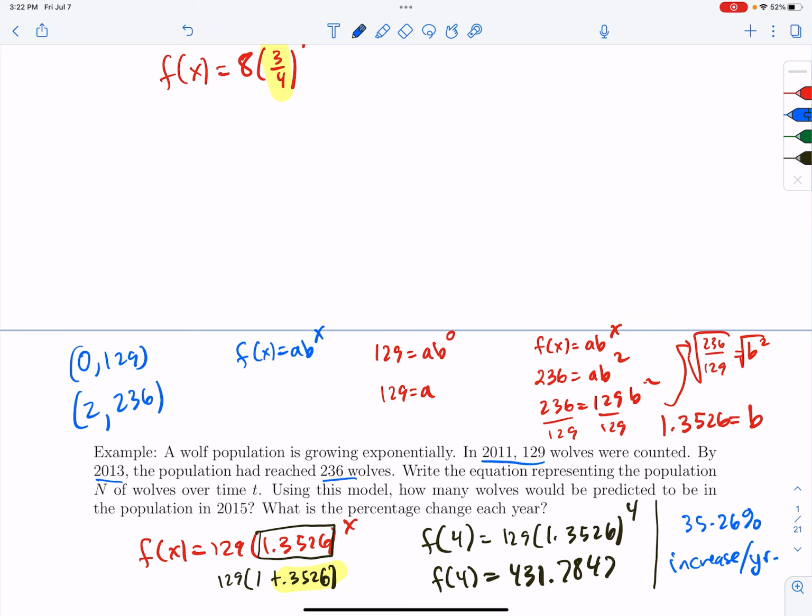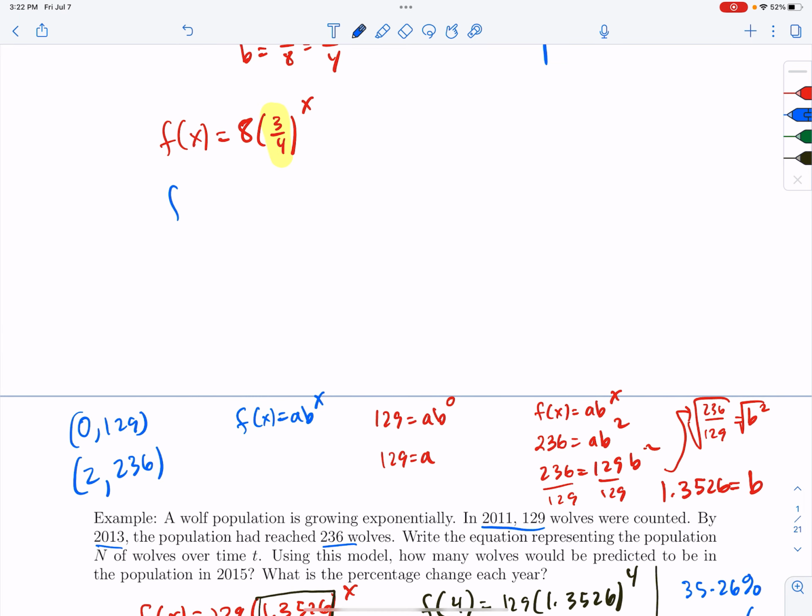If I look at the previous example, f of x was equal to 8 times (1 minus 1/4) raised to the x. That's how I can get 3/4. So this right here corresponds to the percent change. As a decimal, that's 0.25, which is a 25% decrease per unit time.